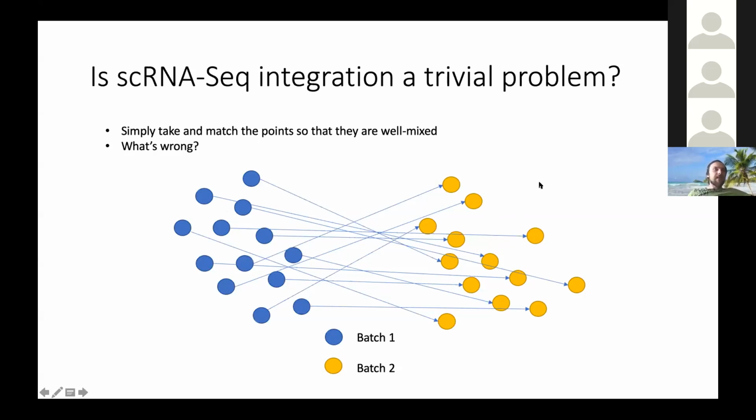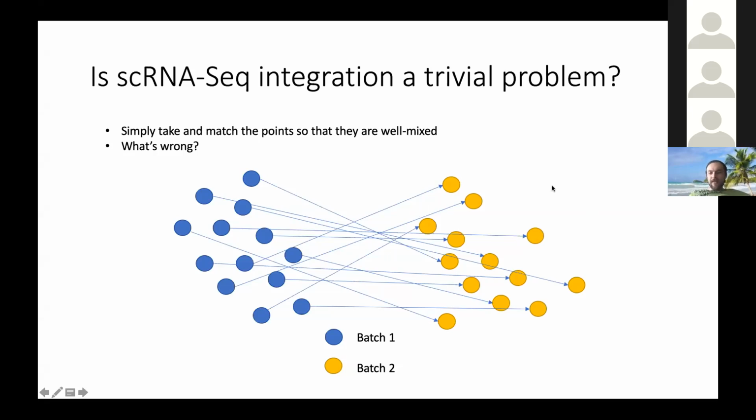Given that definition of well-mixedness, can we simply take data set one and assign to each of the cells a shifting vector, so that we shift each of the cells so that they approach their counterparts in batch two?